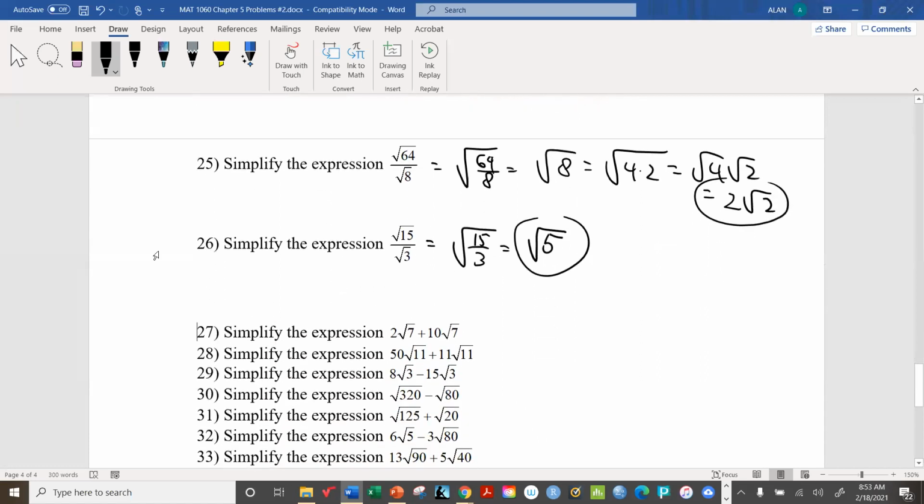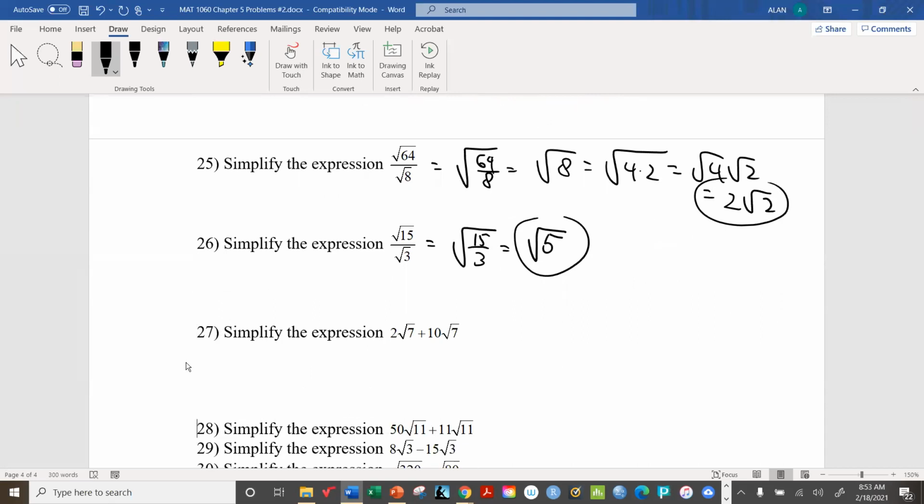All right, so here's an example. Since these are the same radicals, we can add these two together. And we simply end up with 12 radical 7.